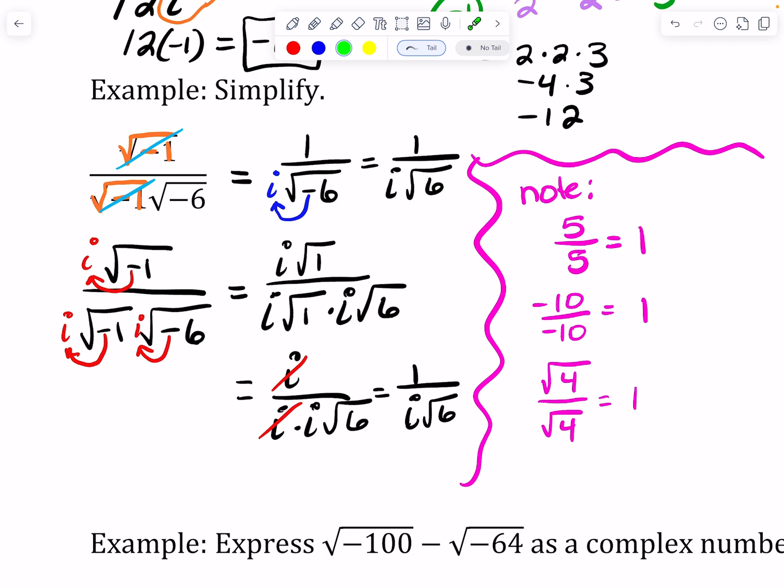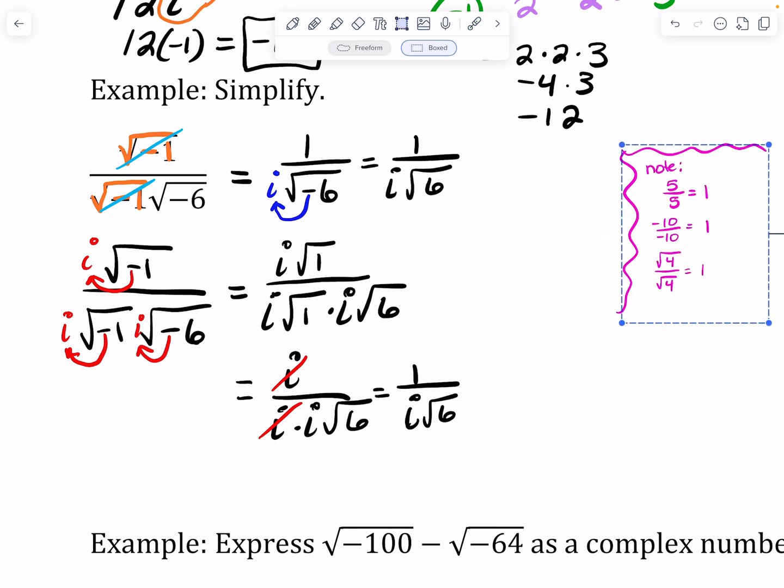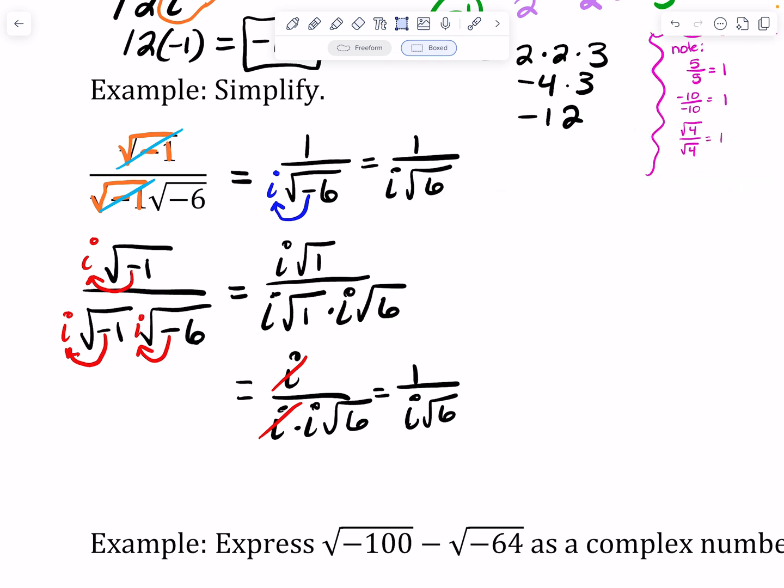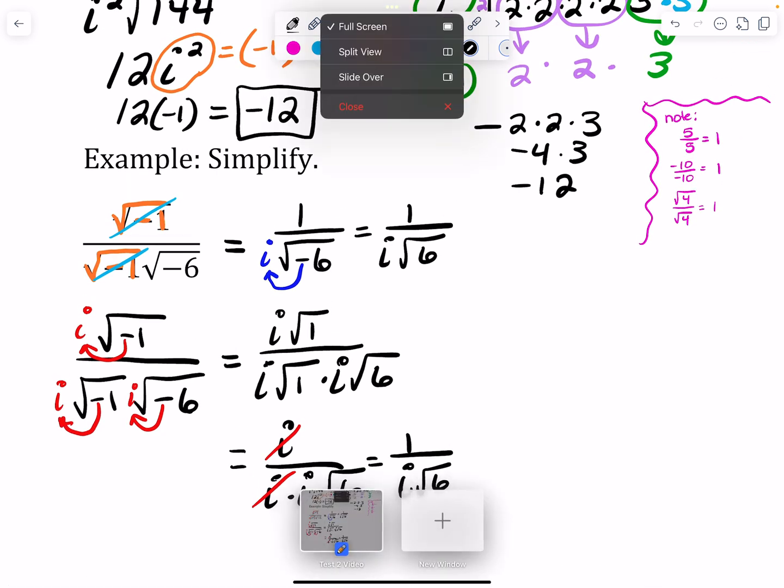Now, we're going to finish this question. So we have, let me move some more of this out of the way.